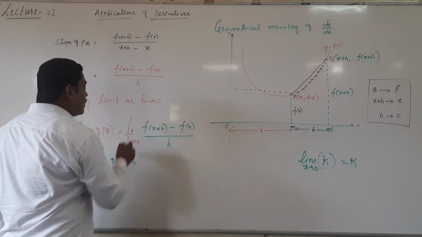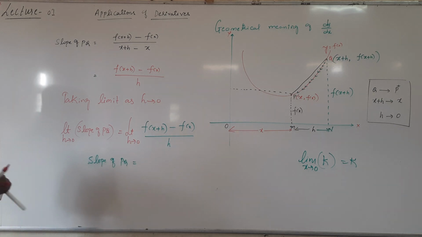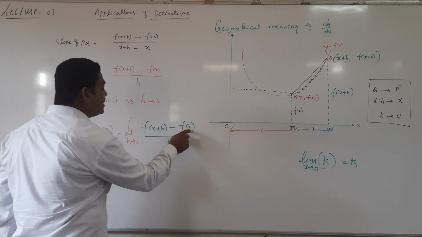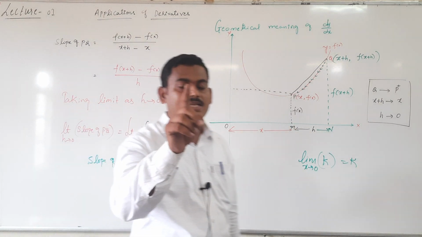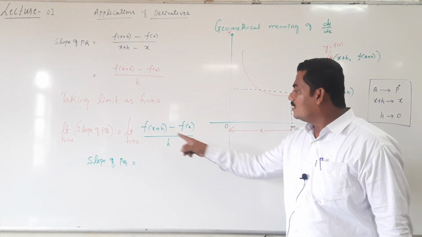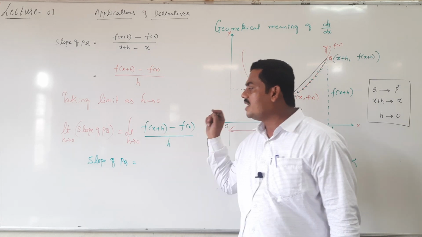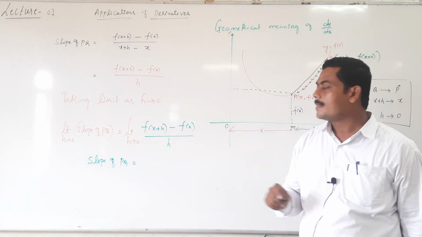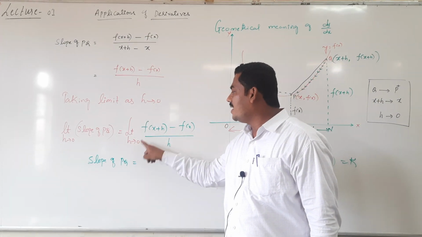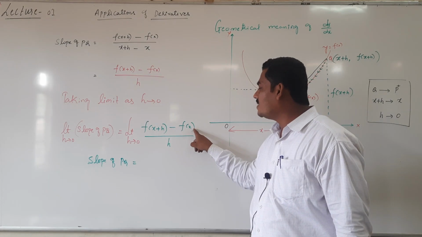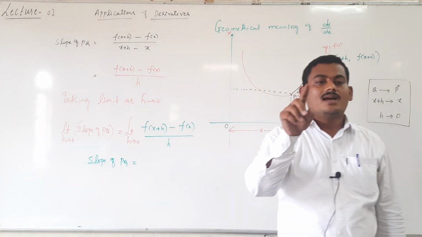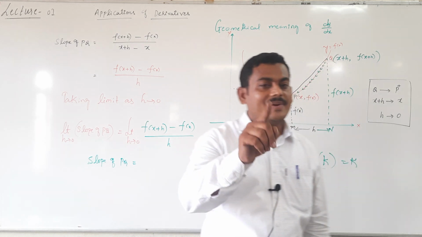And already you know, the limit as h tends to 0 of f of x plus h minus f of x divided by h is known as dy by dx only.